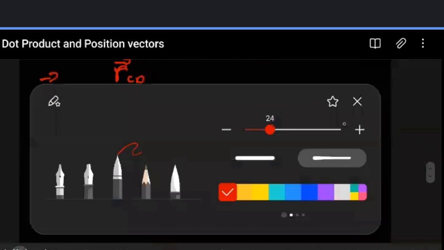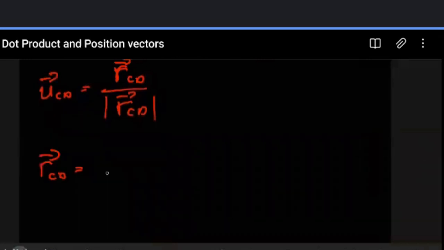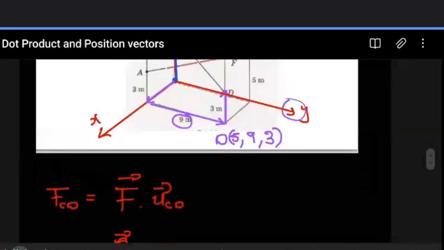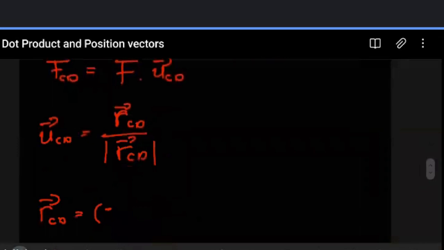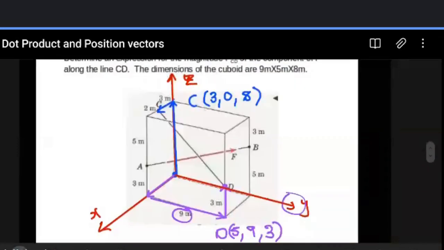RCD, we want the coordinates of D minus those of C, since it's final minus initial. So in the X, what was the final? For the point D, in the X, it's 5. So we have 5 here, minus where we're starting from. C, the starting point, is 3.